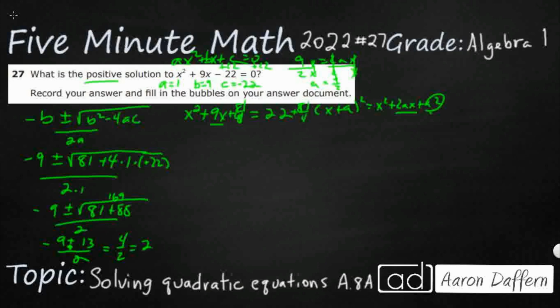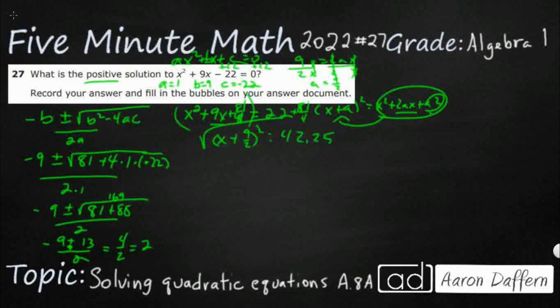Now I can say, this looks like this right here. So now I can bring that back over here and say this is x plus that a, 9 halves, squared, equals, what is 81 over 4? That's 20.25. So 20.25 plus 22 equals 42.25.